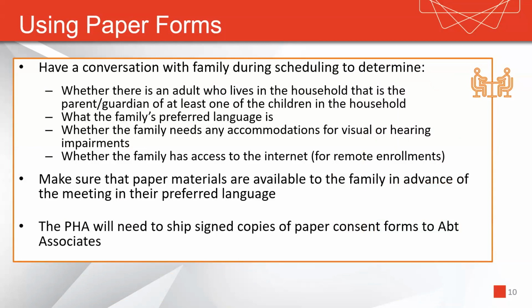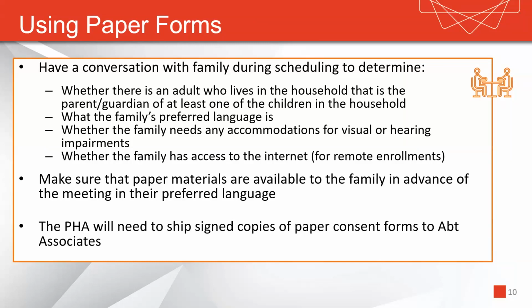If there are no adults in the household that are parent or guardian of at least one child in the household, that household is not able to enroll in the study. You can also determine what the family's preferred language is, whether the family needs any accommodations for visual or hearing impairments, and whether the family has access to the internet in order to do remote enrollments.